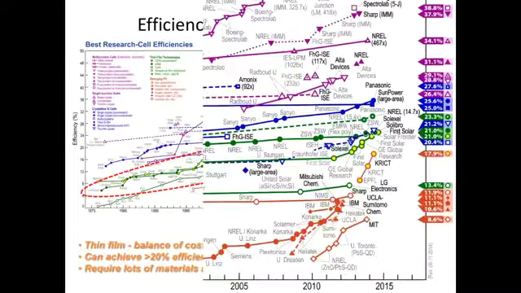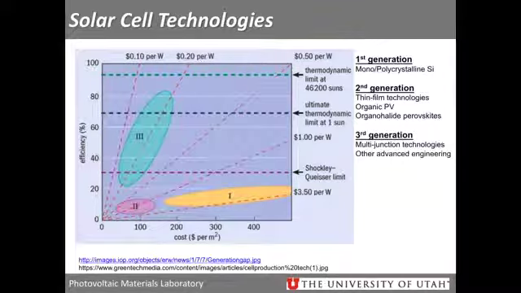So if we zoom in here, in this region this is silicon and the top performing thin film solar cells, and those are performing comparably with each other now. Solar cells have been divided into three generations, is what they call them. This is the cost per square meter of photovoltaic material.